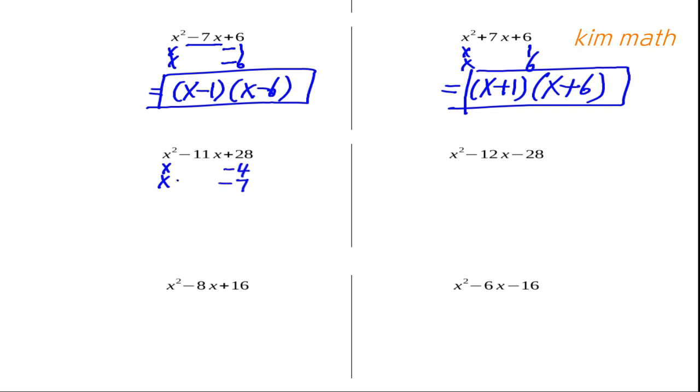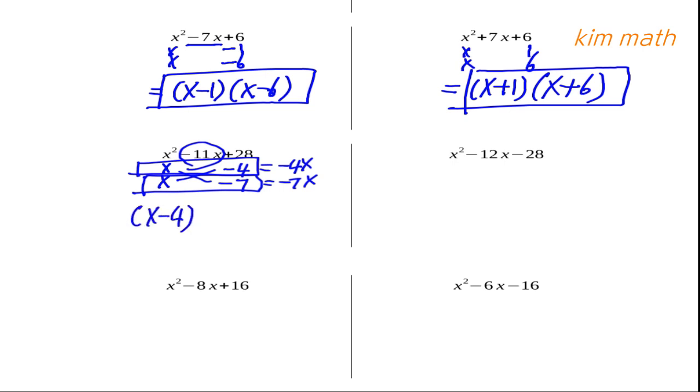Okay, it works again. This is a -4x. This is a -7x. Now the sum is here. Good. So when you write your two factors, don't close, just copy the first row and second row. So x minus 4 and x minus 7. Good.